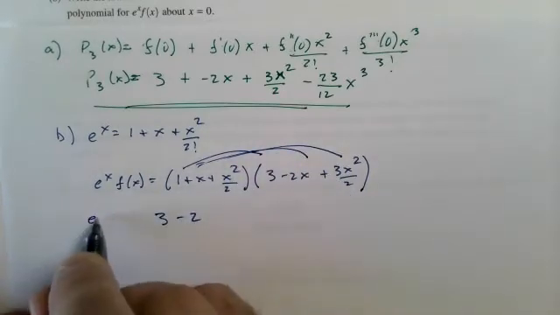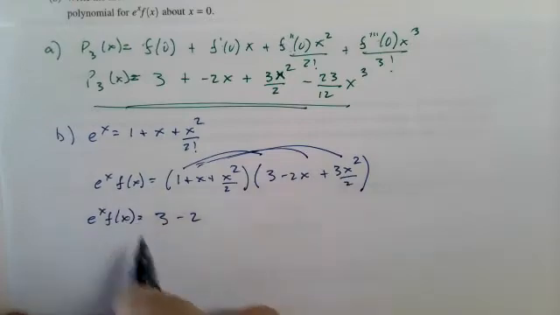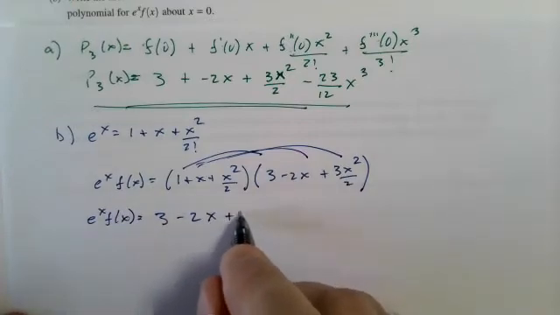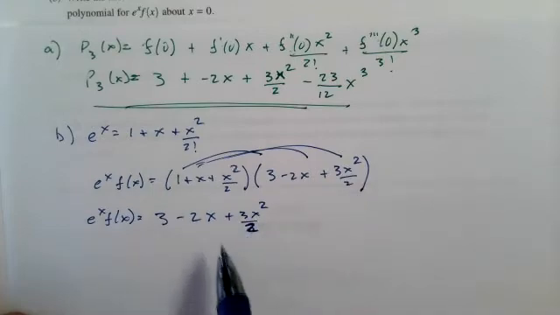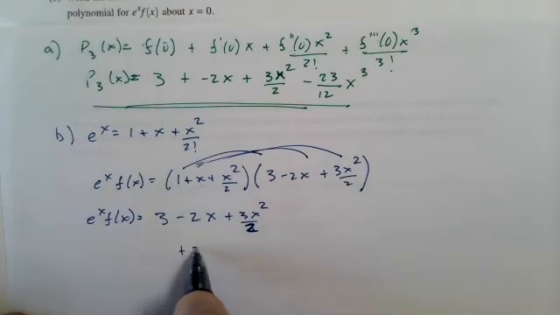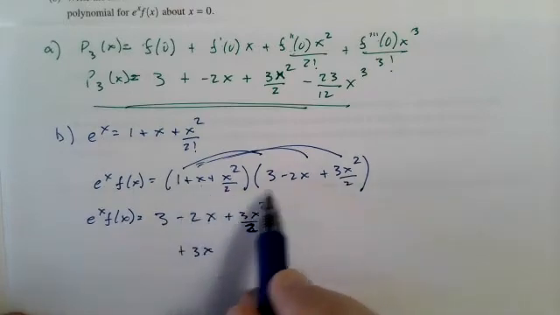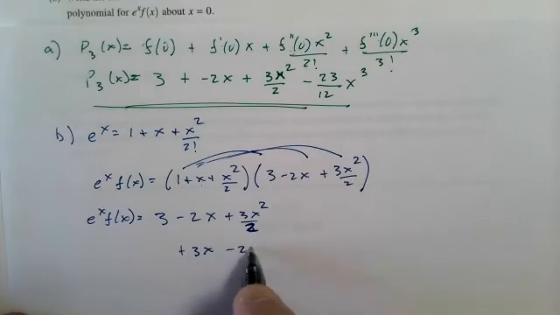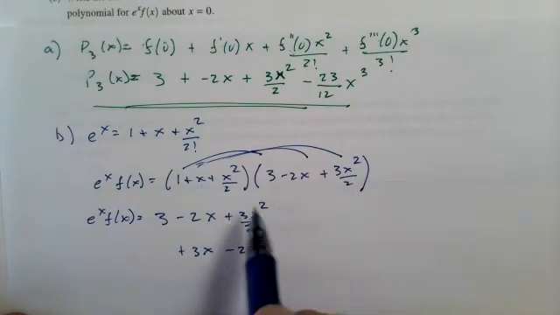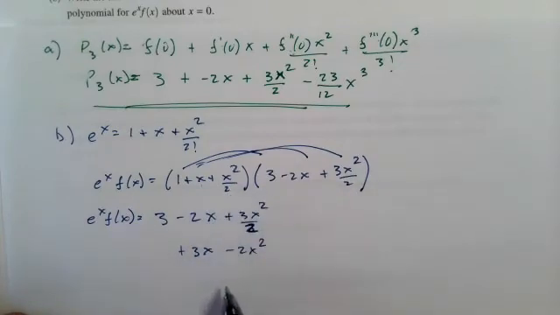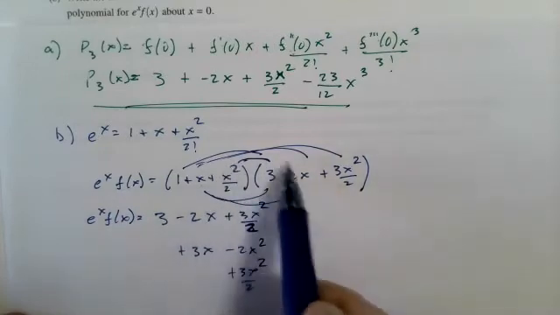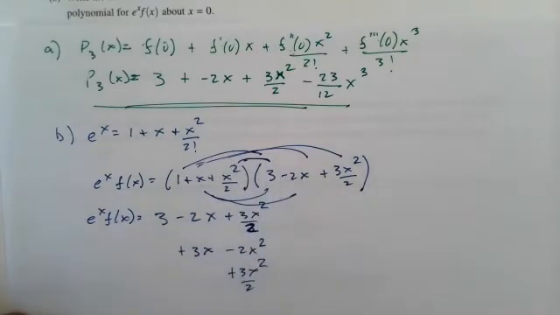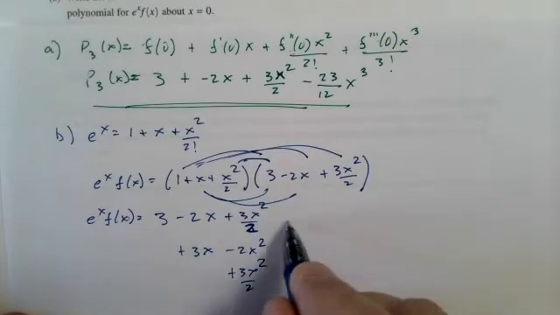So I need all of these. 3 minus 2x plus 3x squared over 2. Then I need these plus 3x minus 2x squared. I don't need the last one. And then I just need the first one plus 3x squared over 2. So I did this, and then I did these, because this is going to give me x to the third, and there's no point. Add them up.